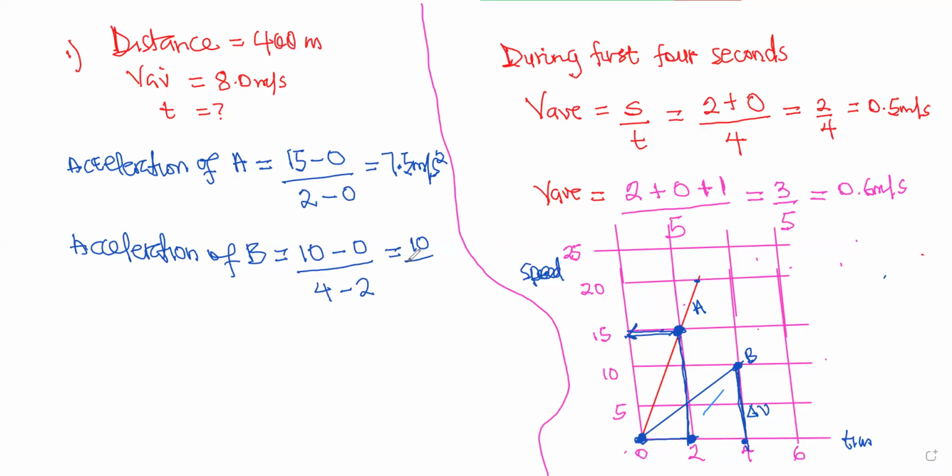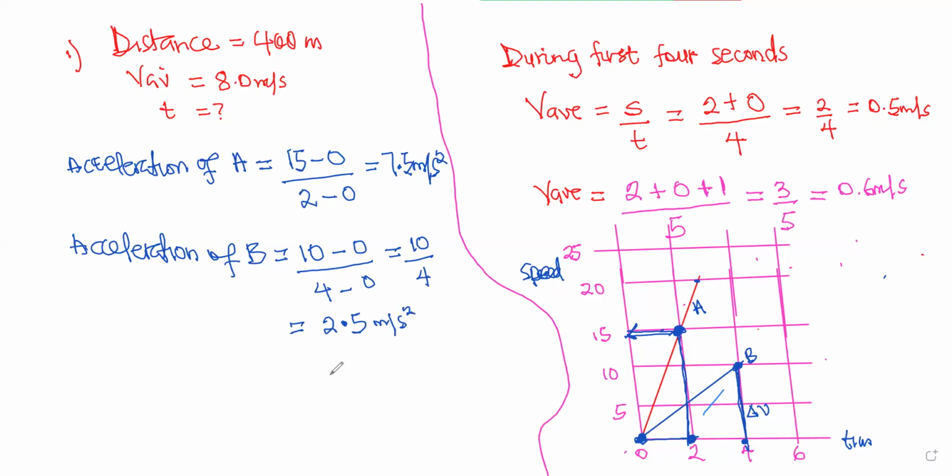Oh, sorry, 4 minus 0 rather. It's not 4 minus 2. It's 4 minus 0. So this is giving us 10 divided by 4, and 10 divided by 4 is equal to 2.5 meter per second squared.